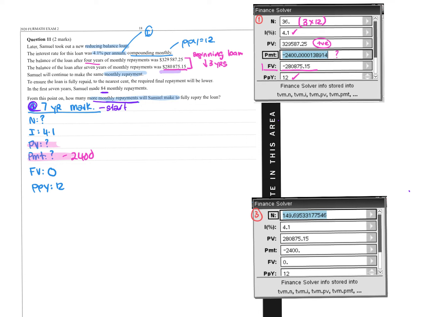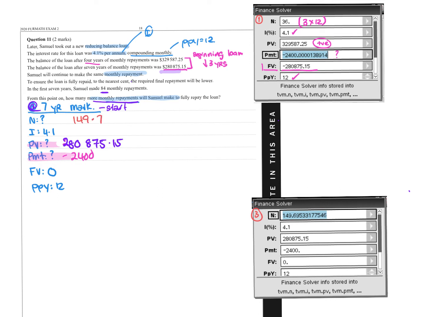My PV will be like the start of the 7 years. So I'm going to pretend like I'm loaning this, what the value was at 7 years. So I'll pretend I'm starting again and I'm borrowing that. And if you want to obviously zero it out, and we do that on the calculator here, we get 149.7.